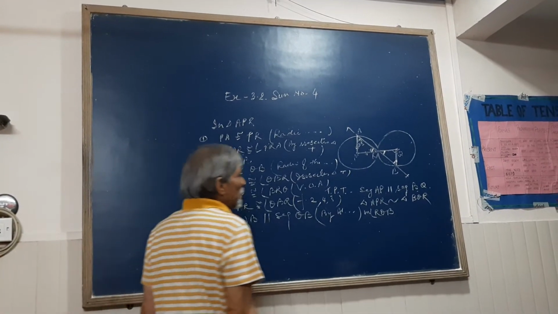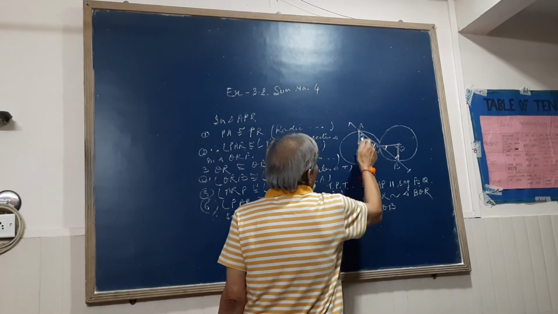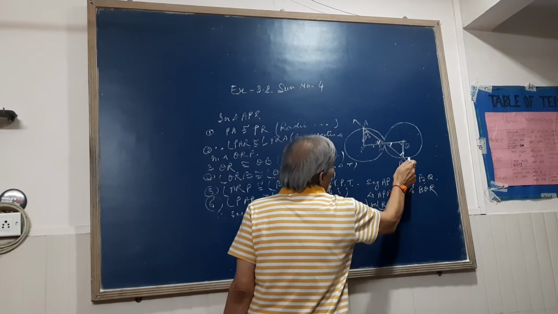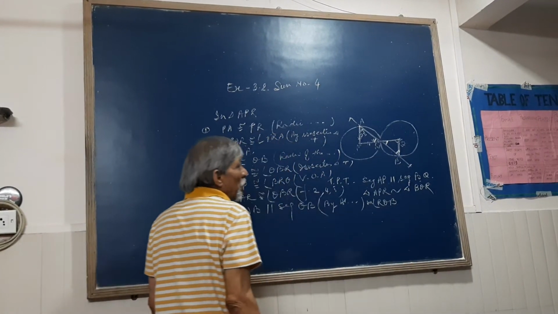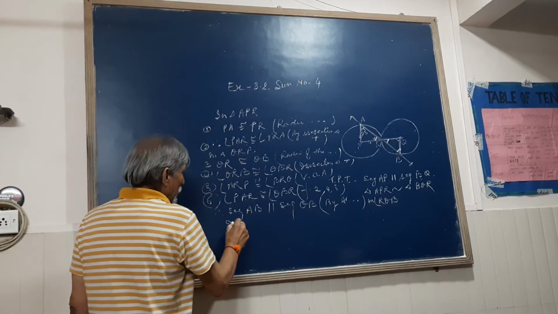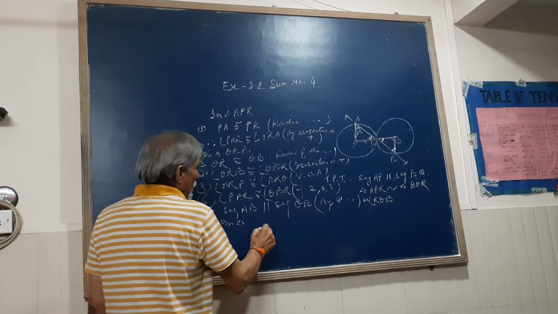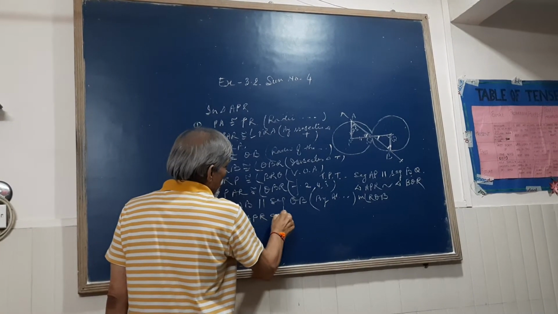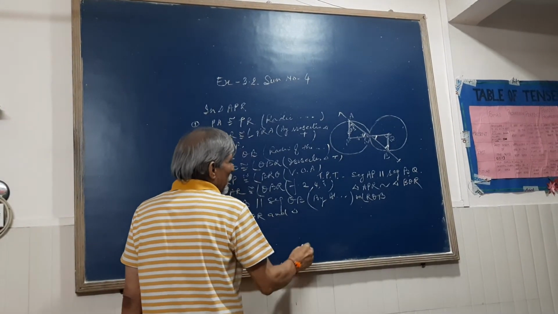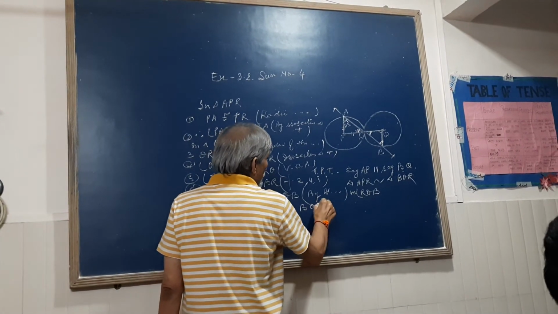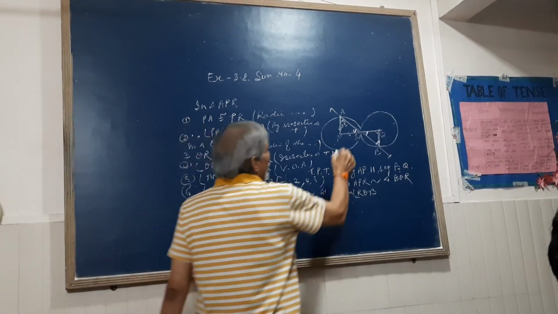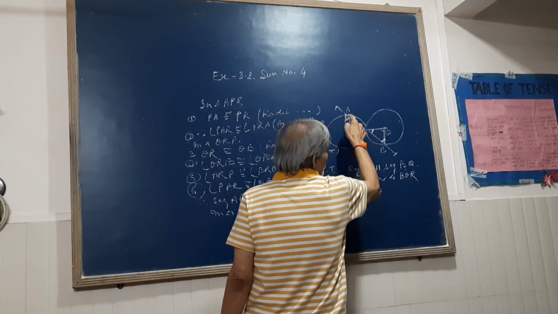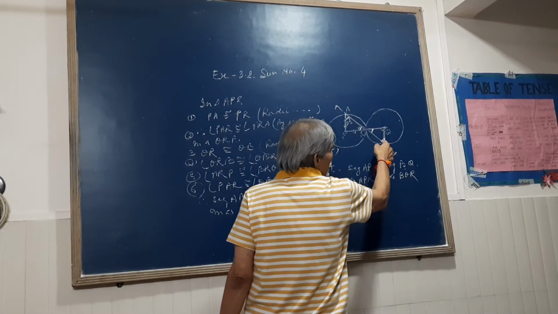Now second part is prove that APR is similar to BQR. In triangle APR and triangle BQR, already you proved this angle is equal to this angle, right? This and this already proved that they are congruent.